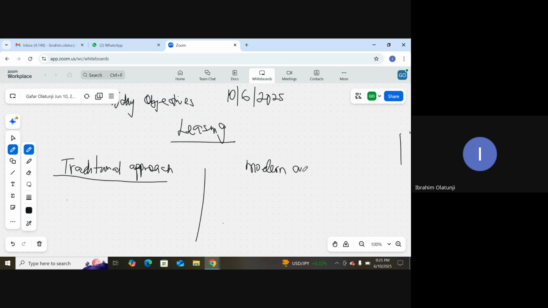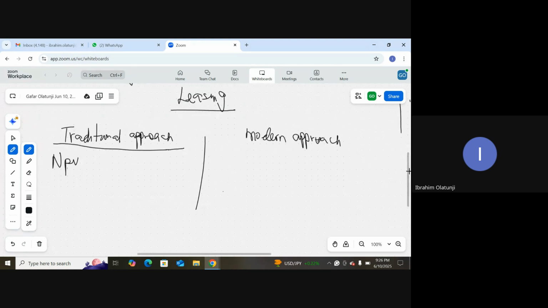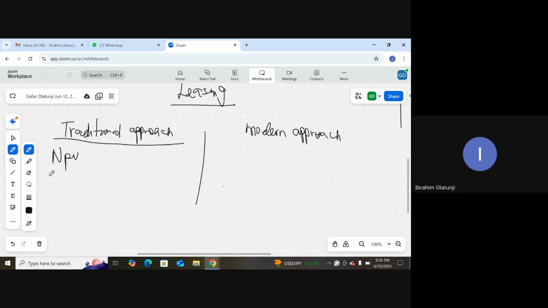That is the modern method. Under the traditional approach, when you look at the videos, you will see everything there. We normally compute it when there is an investment in a business, then we calculate the NPV. We look at it from the angle of NPV, and also from the angle of borrow and buy.